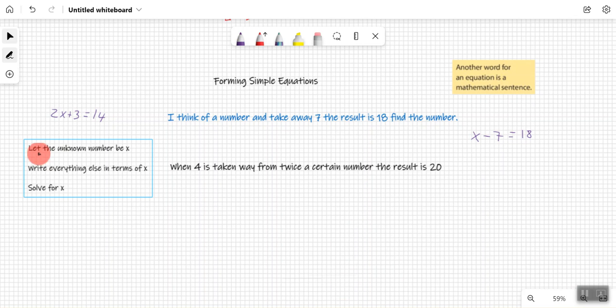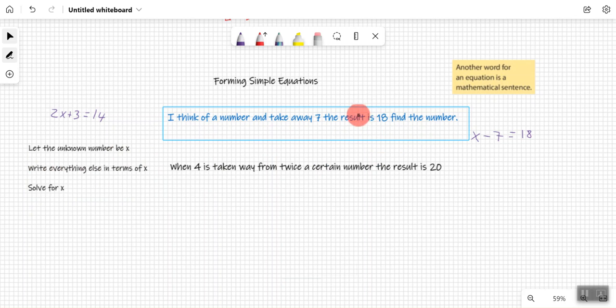So let the unknown number be x, that's what I've done. Write everything else in terms of x. I've written everything else in terms of x coming from the sentence. And now I can solve for x. So I can say x minus 7 is equal to 18. I want to get x on its own, so I can add 7 on this side, and then I have to add 7 on this side.